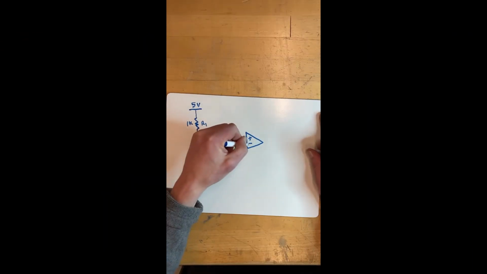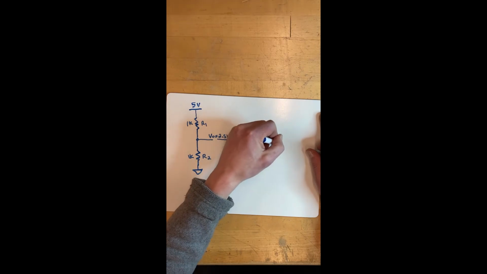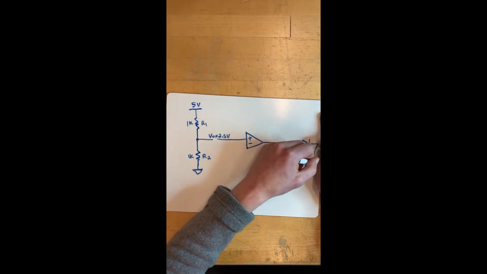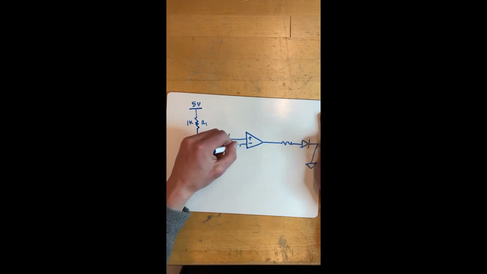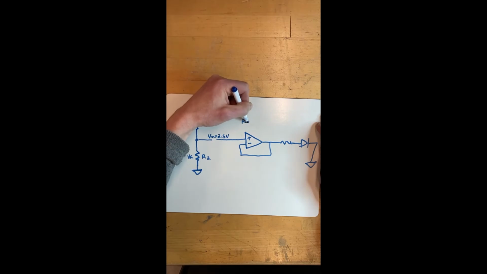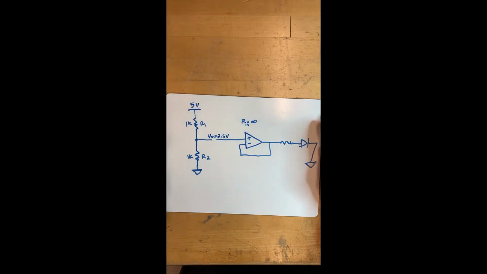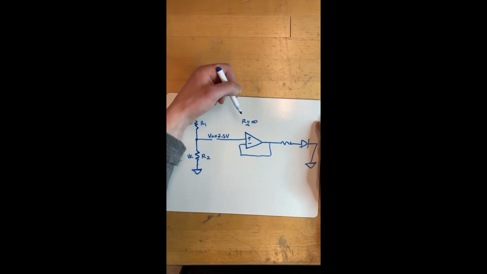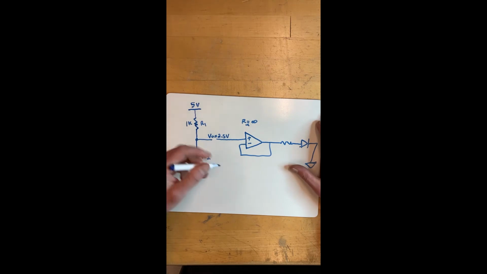So we can connect it in this way. So if this Rin at this terminal really is infinity, then what's going to happen?